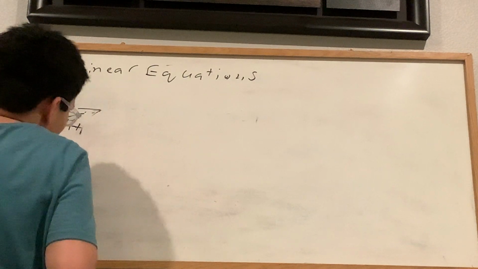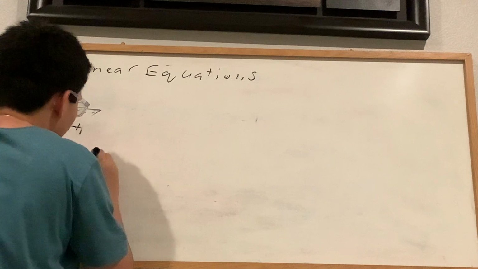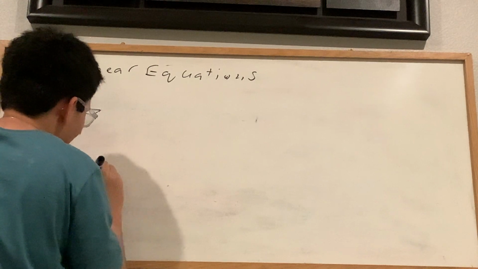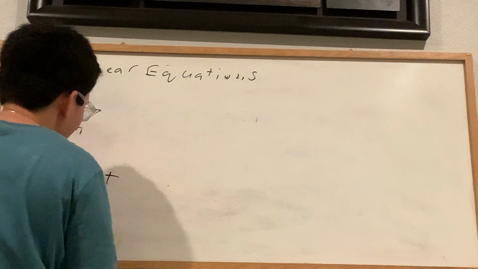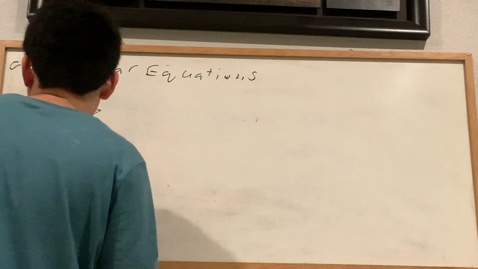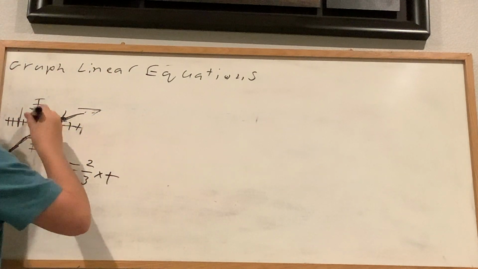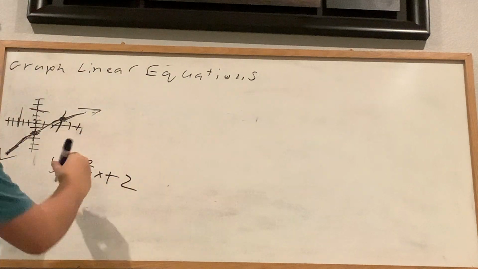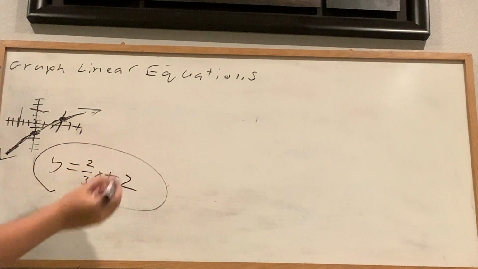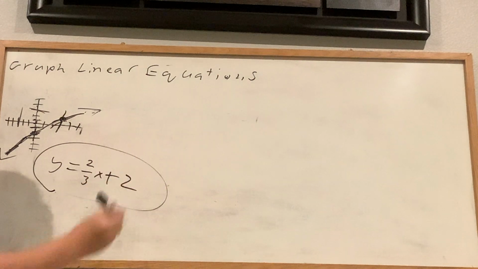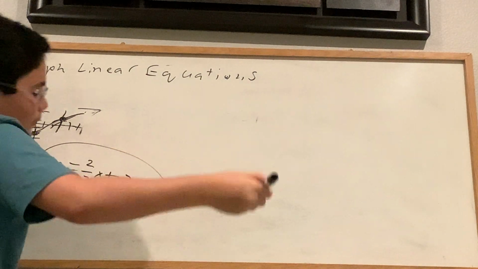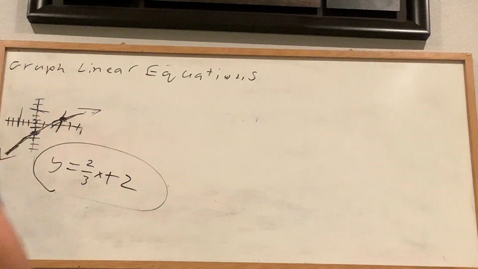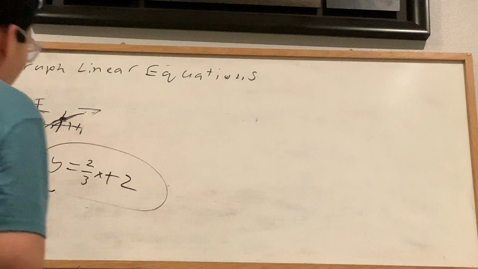So y equals 2 over 3 x, plus, what was the y-intercept? If you forgot, just go up to the origin, 1, 2, which is going to be 2. So you have your slope-intercept form. This is the m, this is the x. You're just plugging in the values of m and b. That's the way to solve it.